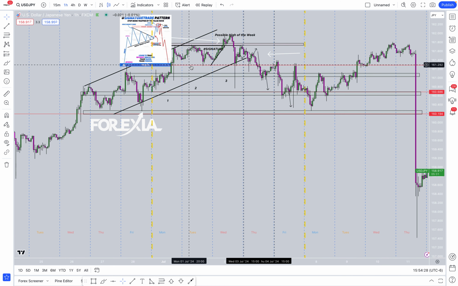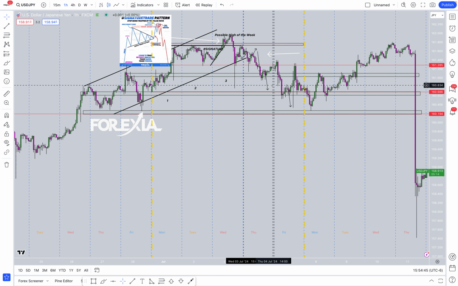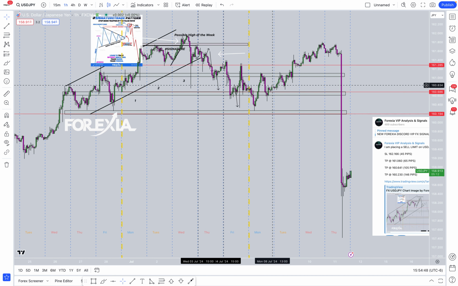However, what I saw in the macro, the overall structure, and the weekly structure in combination gave me my overall confidence that this trade would play in my favor. So let me show you exactly those confirmations.